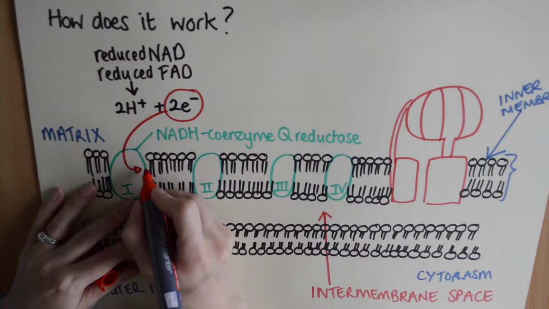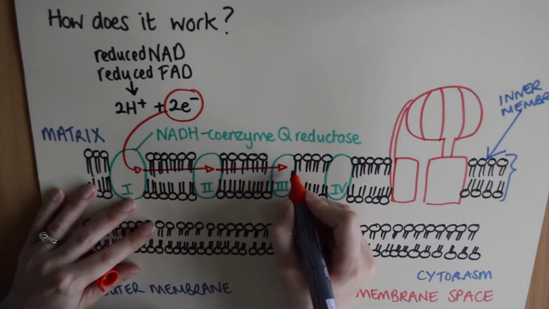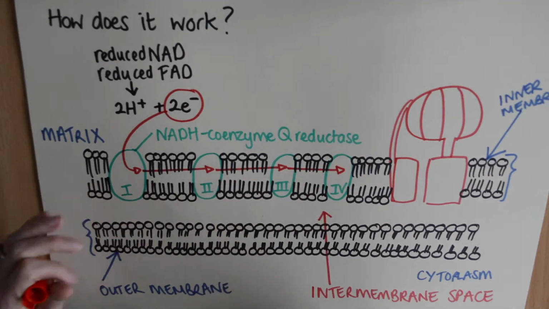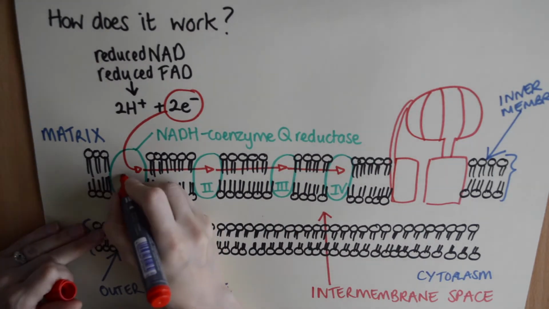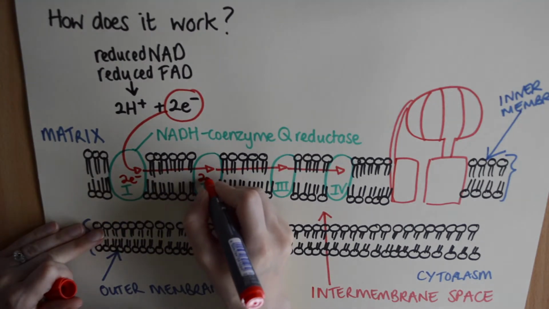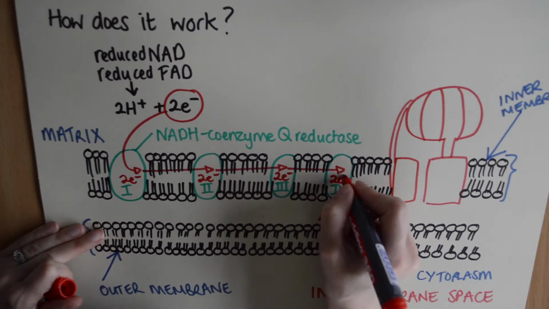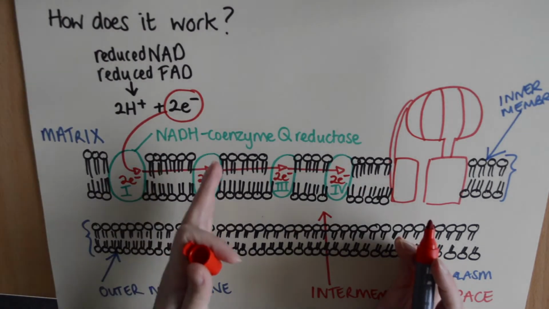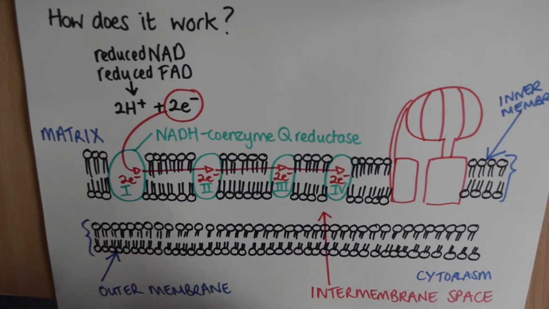And then they move through the series of electron carriers. We call this the electron transport chain. You can imagine this pair of electrons moving from electron carrier to electron carrier.